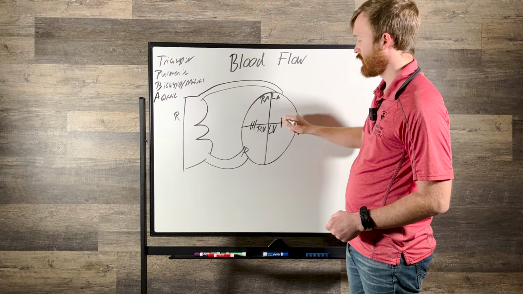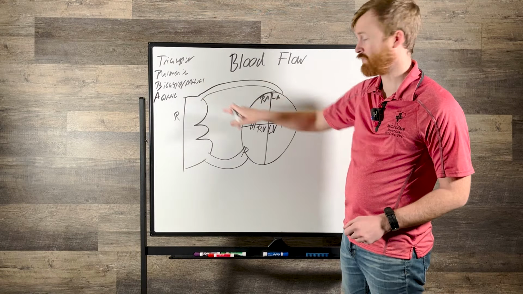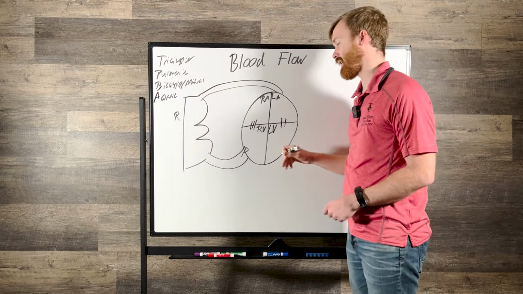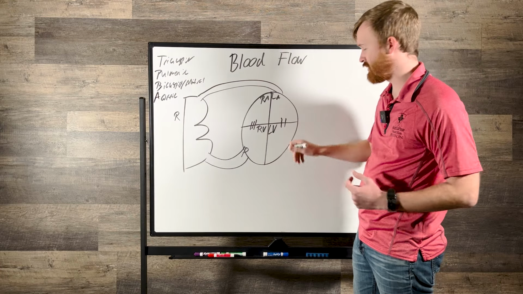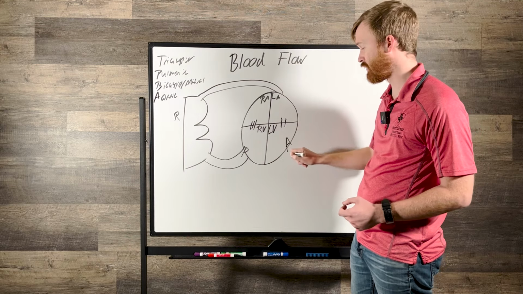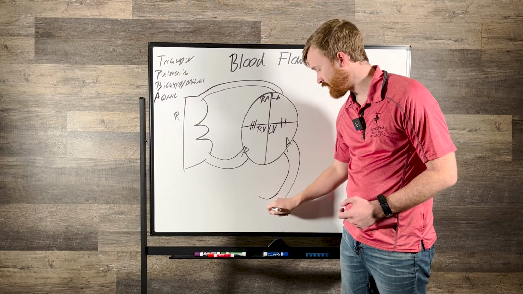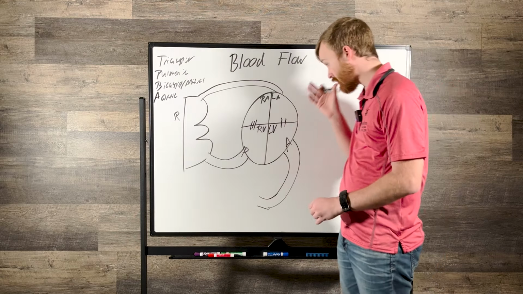Left atrium is separated from your left ventricle through that bicuspid valve, which is just going to have those 2 cusps, or the mitral valve, however you want to look at it. Your left ventricle, at the end of that, whenever it squeezes, it's going to pump things out through the aortic valve into the aorta. Now, the aorta is the largest artery in the body.